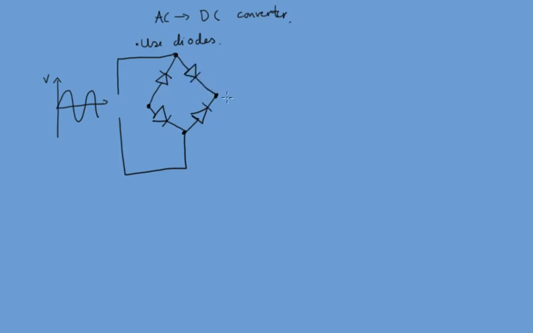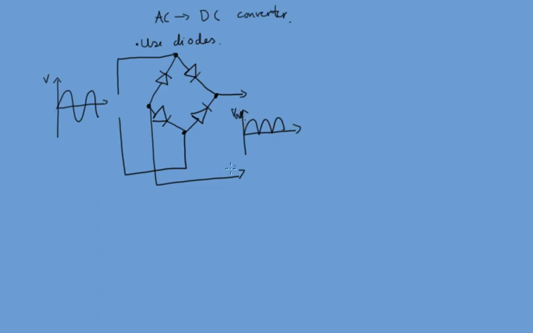So you've got a setup like this, and then you've got an output here, and an output here. And what you get from this circuit is a kind of chopped off alternating current. So it only has the positive part of the current. So it's like this. So this is your V out.